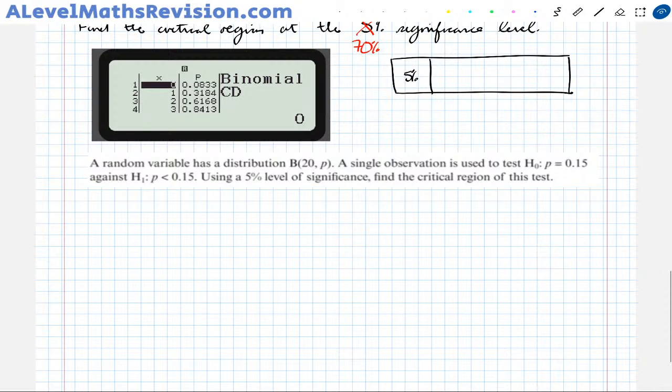So on your calculator, the inverse binomial button, I've found that it can be quite unpredictable at times. Are you talking about on the graphical calculator, Laura?